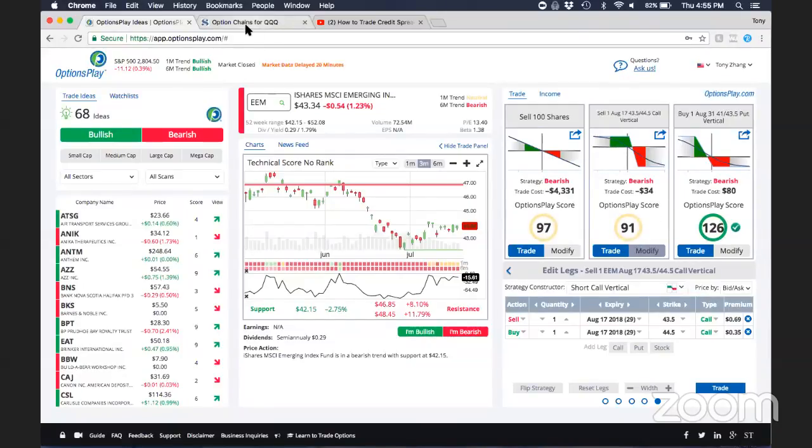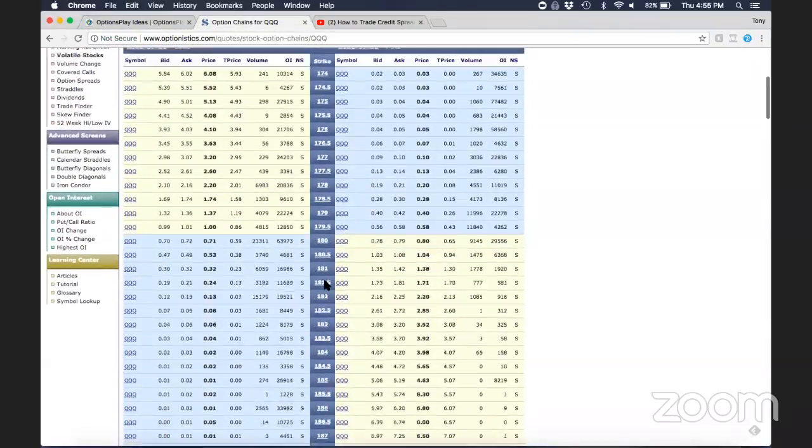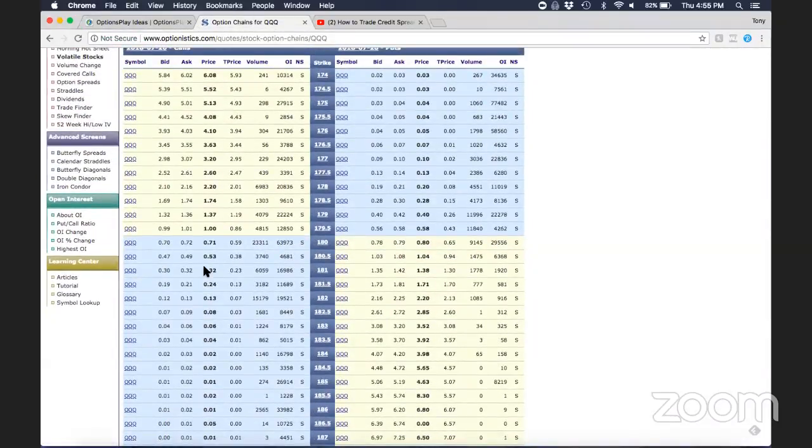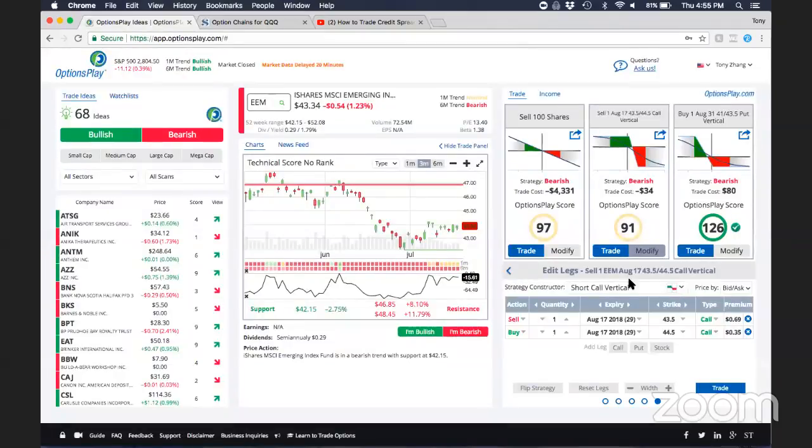If you've ever used a page like this, it's really difficult to select different widths, different strikes, move them up or down one, and see what the net credit is, and then see the analytics behind each one. You end up doing a lot of guessing. So that's why we created Options Play, so that I can quickly move all the strikes down one, up one, until I find the one that I'm looking for.